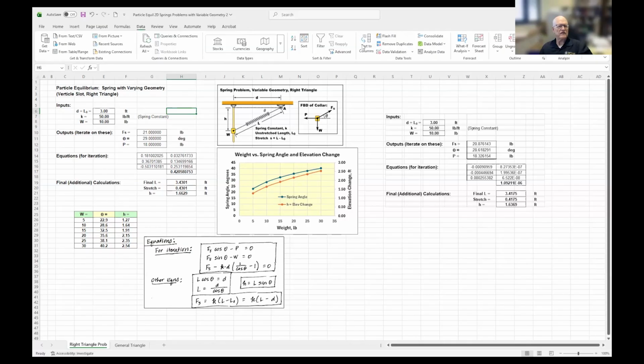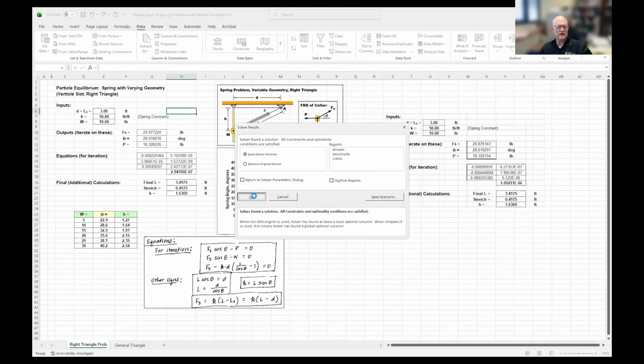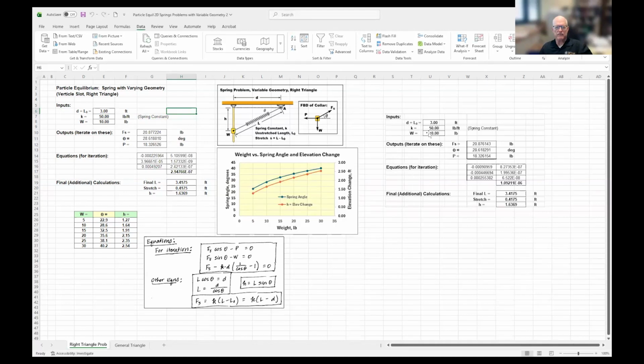And then we go to Data, Solver again. And it came up with 20.88, 28.6, 18.3. And we got a very, very similar solution. Okay, so that's pretty good.